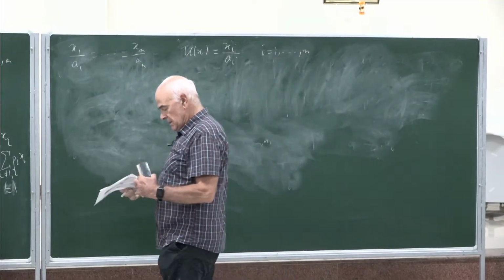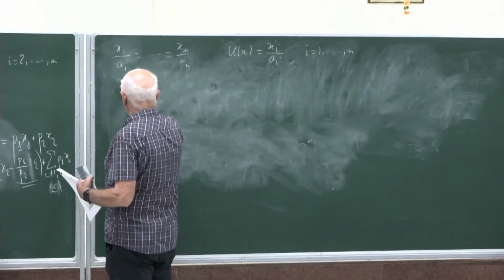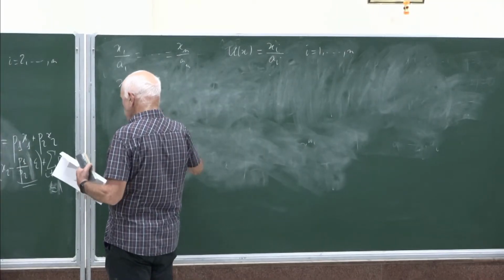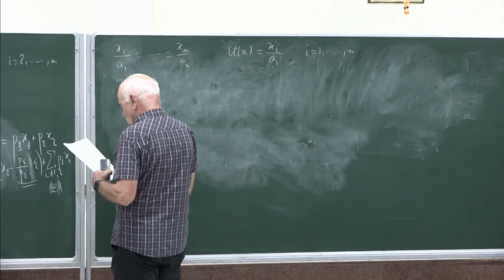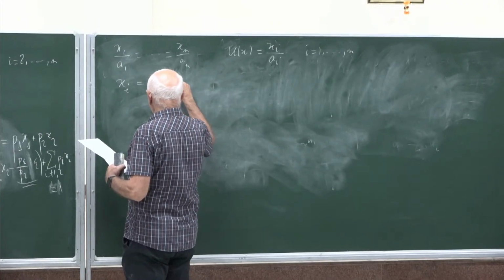So this is telling us that xi should be equal to ai times u of x.